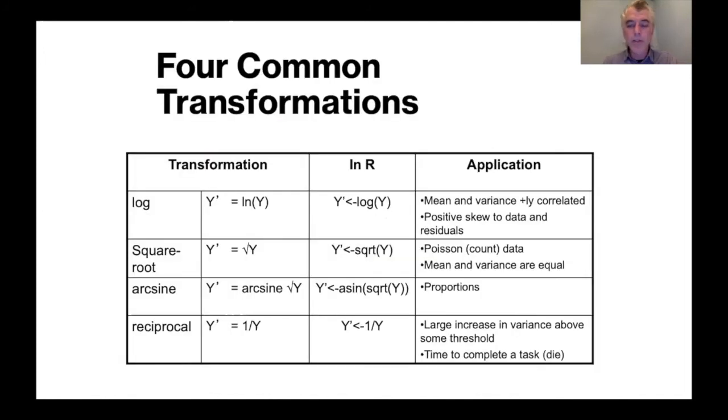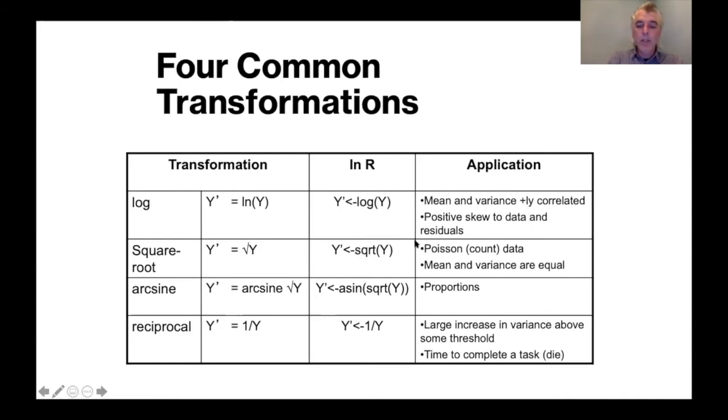Now, a log transformation is probably one of the most common transformations because they tend to work well for observations that result from multiplicative processes. And these tend to have very skewed to the right distributions where the mean and variance are positively correlated.